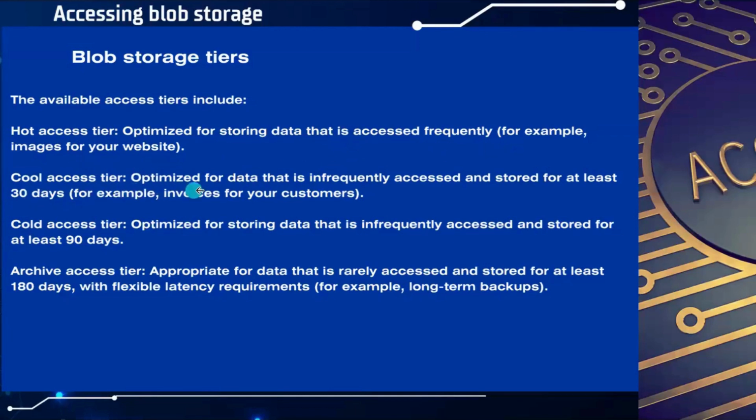The cool access tier is optimized for data that is infrequently accessed and stored for at least 30 days, for example, invoices for your customers. The cold access tier is optimized for storing data that is infrequently accessed and stored for at least 90 days. The archive tier is appropriate for data that is rarely accessed and stored for at least 180 days, with flexible latency requirements, for example, long-term backups.